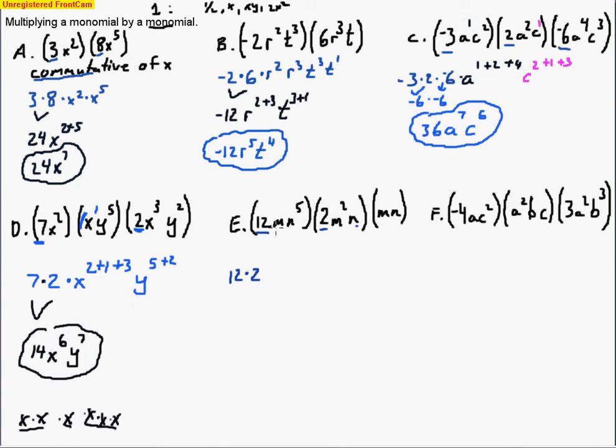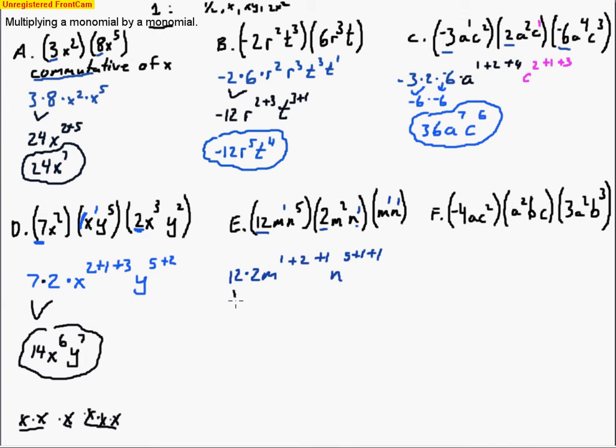Now let's count up our m's. Here we have 1 m. Here we have 2 m's. Here we have 1 m. And then let's count up the n's. We have 5 n's. We have 1 n. And we have 1 n here. And then we just add up those exponents.